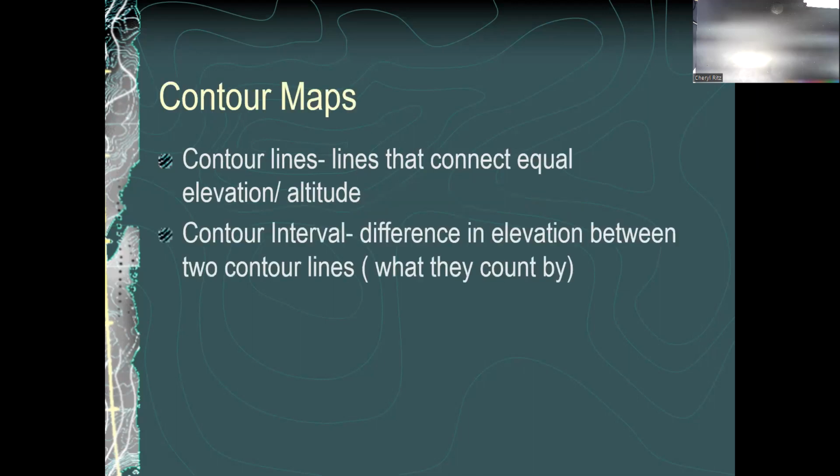All right, so Keith already mentioned a contour map. These are contour lines. They are lines that connect areas of equal elevation. So they're still isolines, just isolines that connect equal elevation.